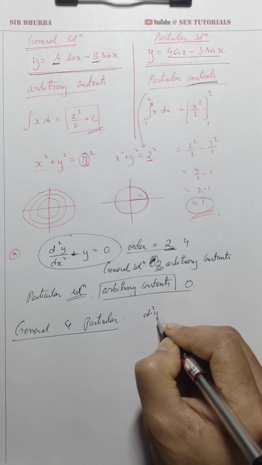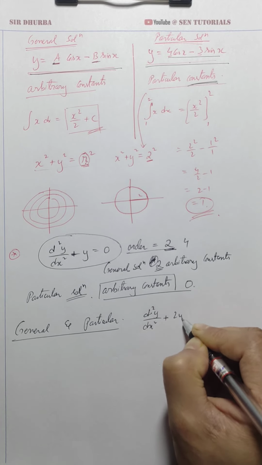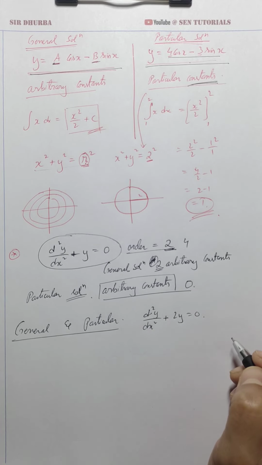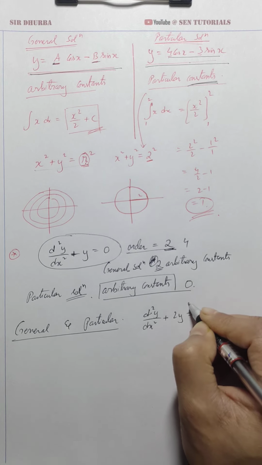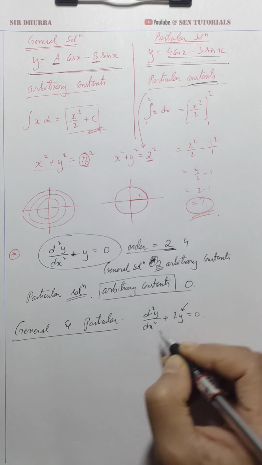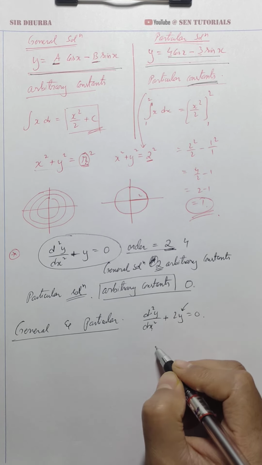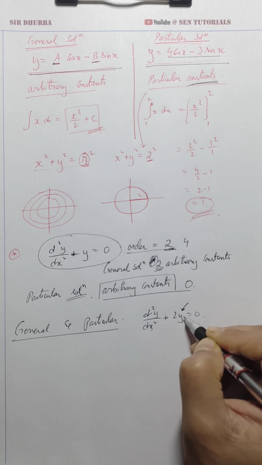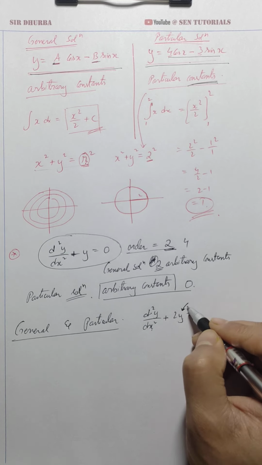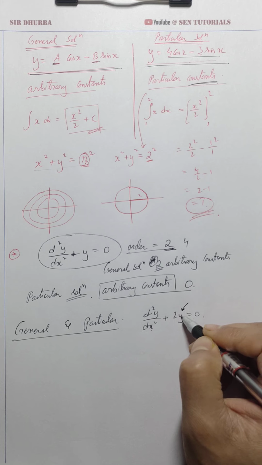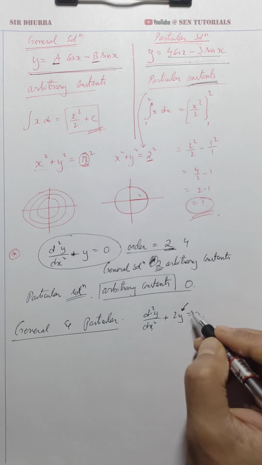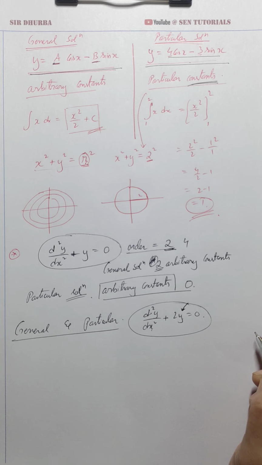For example, if I have a differential equation like d square y by dx square plus 2y equals 0, then what I'm asking is what will be the value of this function y, represented in terms of x, such that when this value is replaced, the equation will be satisfied. That is what we mean by a solution of a differential equation.